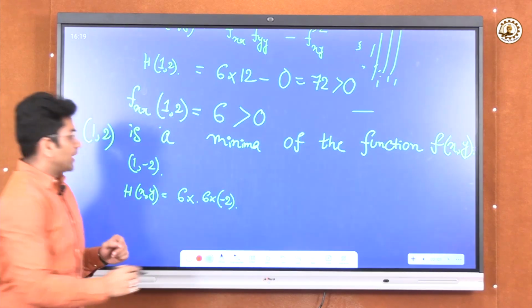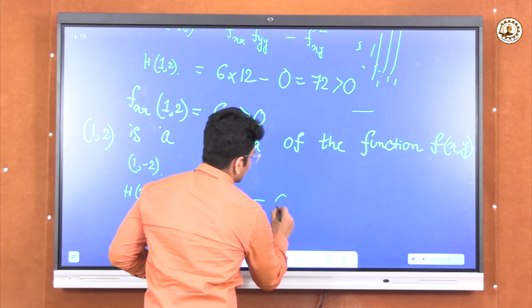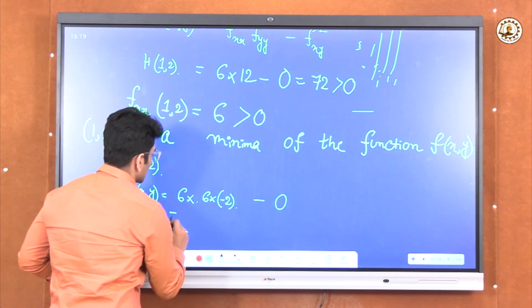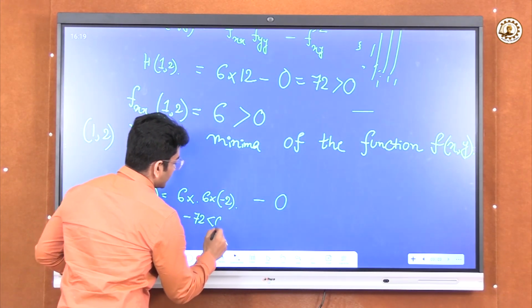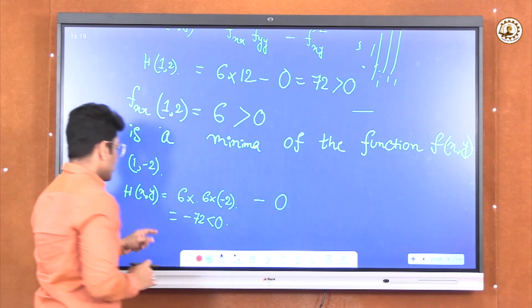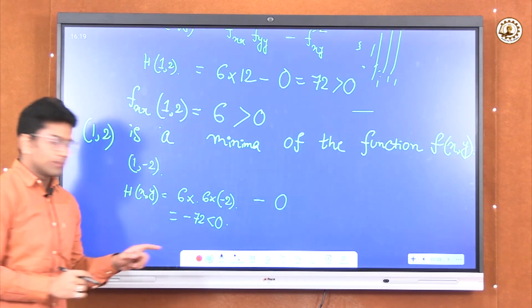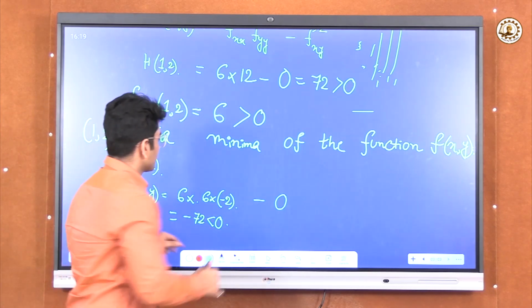Minus fxy squared is 0, so it is minus 72. As minus 72 is less than 0, at this point there is no maximum or minimum. So this point is a saddle point.